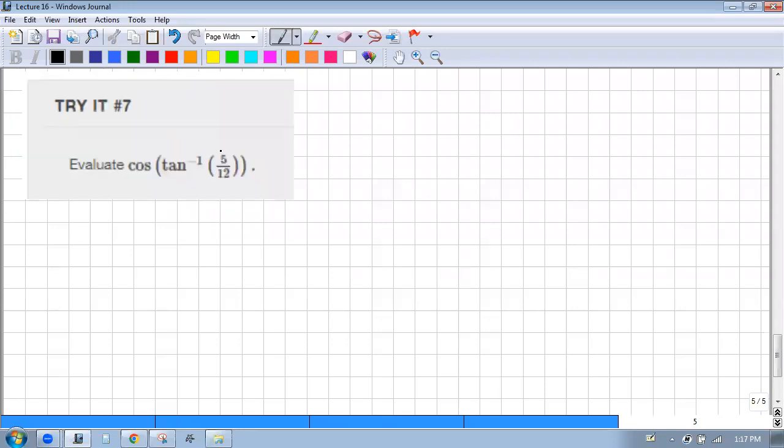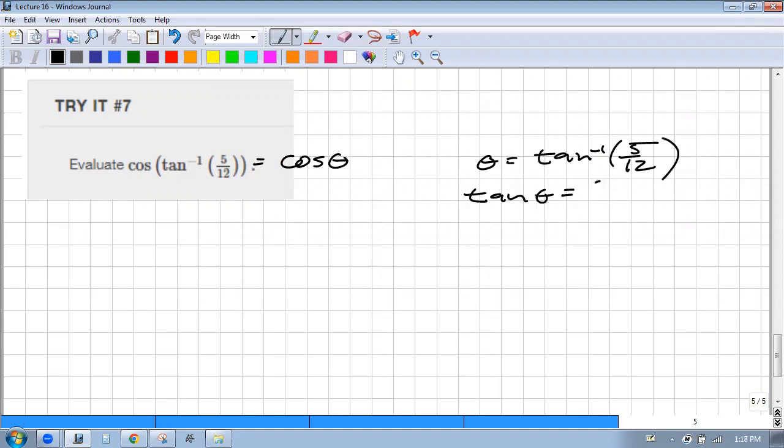Cosine of tangent inverse. This is just some angle. This is cosine of theta. I don't know what tangent inverse of 5/12 is. I don't know, and I don't care. All right, I need to find cosine of this thing, and all I know about this thing is that tangent of it is 5/12.